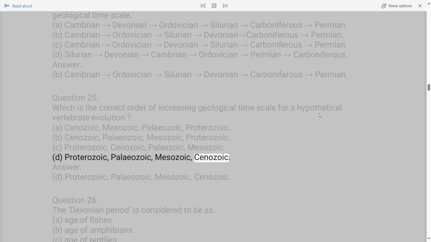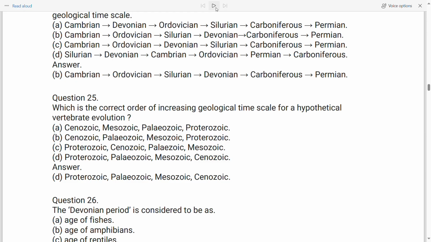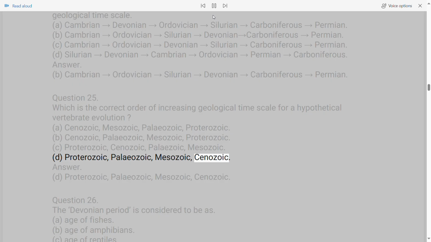Answer. D. Proterozoic, Paleozoic, Mesozoic, Cenozoic.